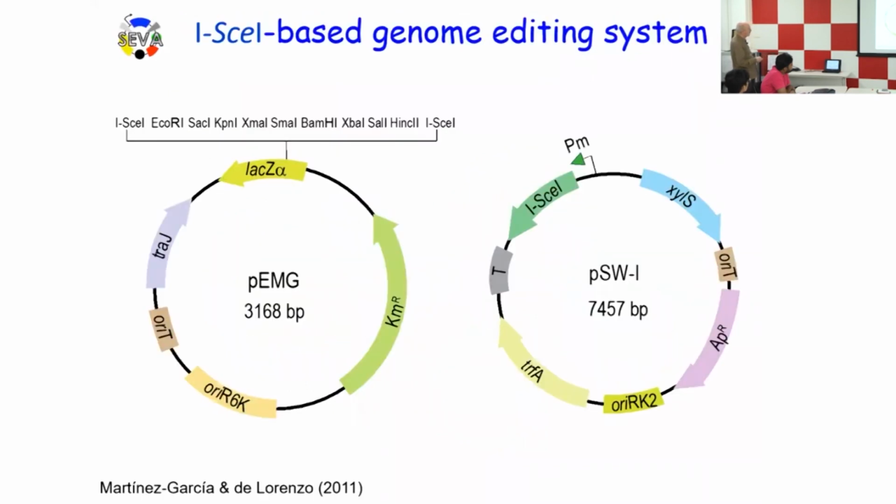So if you want to delete specific segments in the genome after you make this analysis, then you can use some of the methods that you have seen in previous classes that are based on homologous recombination.